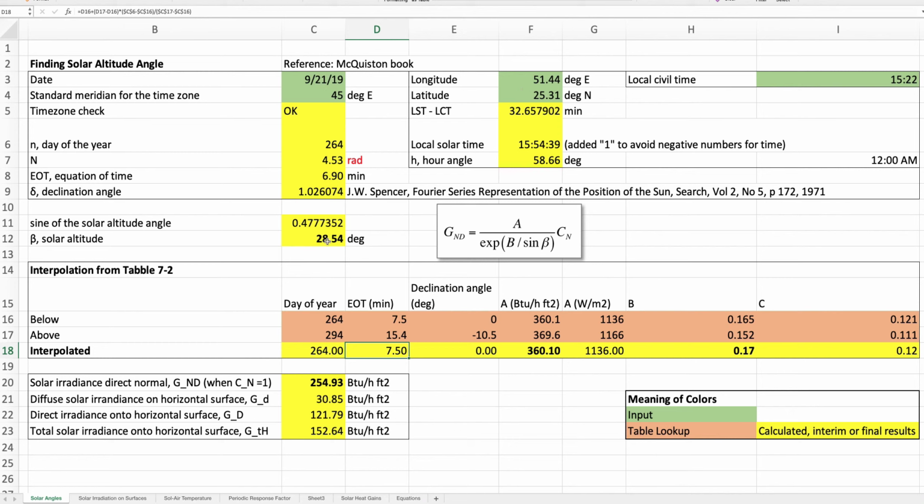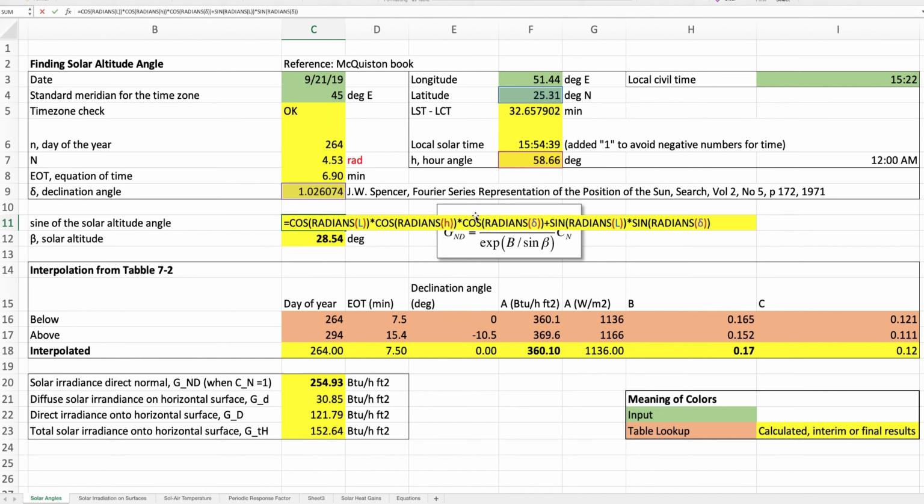Another centerpiece of the calculation is the beta, the solar altitude, which is the beta in this equation. The solar altitude is calculated by finding the sine of the solar altitude angle first. The sine of the solar altitude angle is this expression, which is a function of L, latitude, H, the hour angle, which is a function of local solar time, and delta.